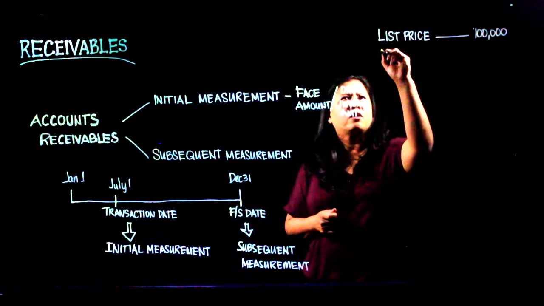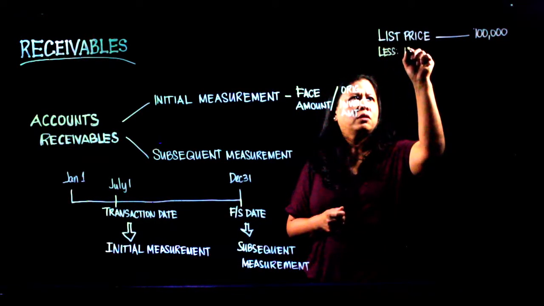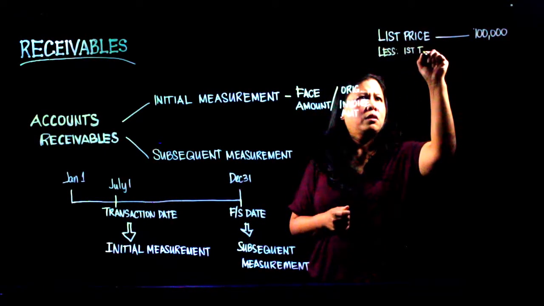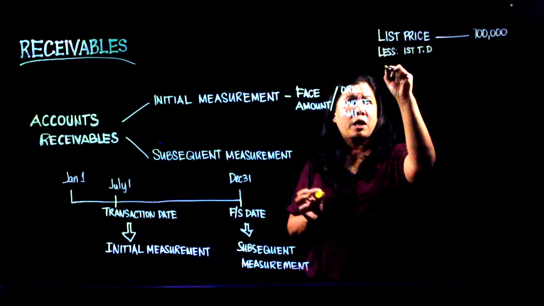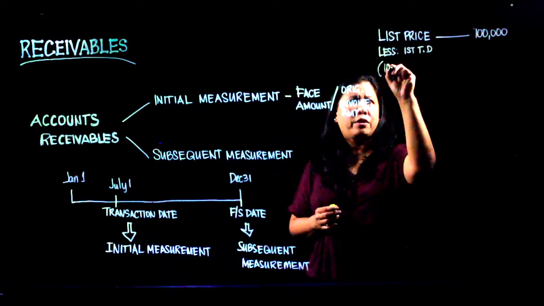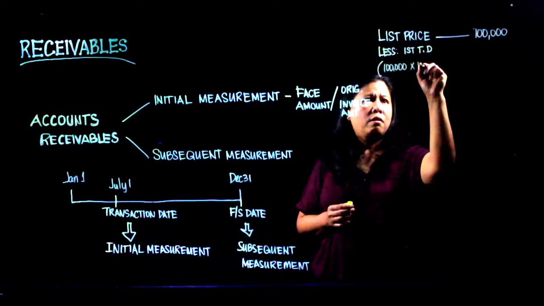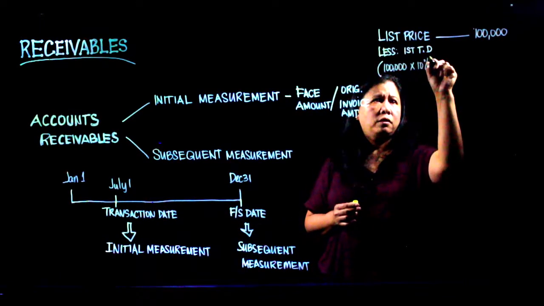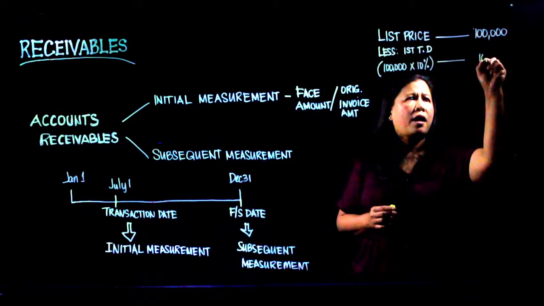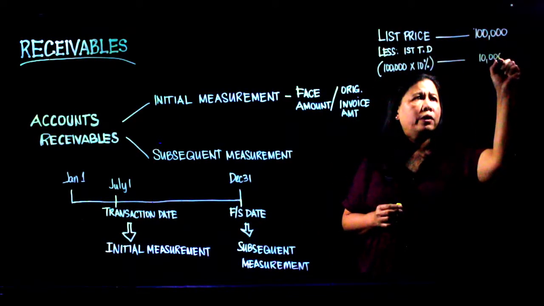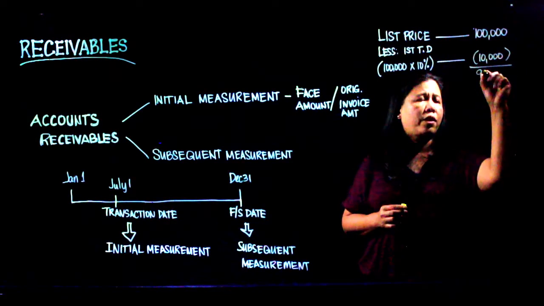So, first, we less the first trade discount, which is 10%. That means 100,000 times 10%, which is 10,000. So we less 10,000 from the 100,000 to come out with 90,000.